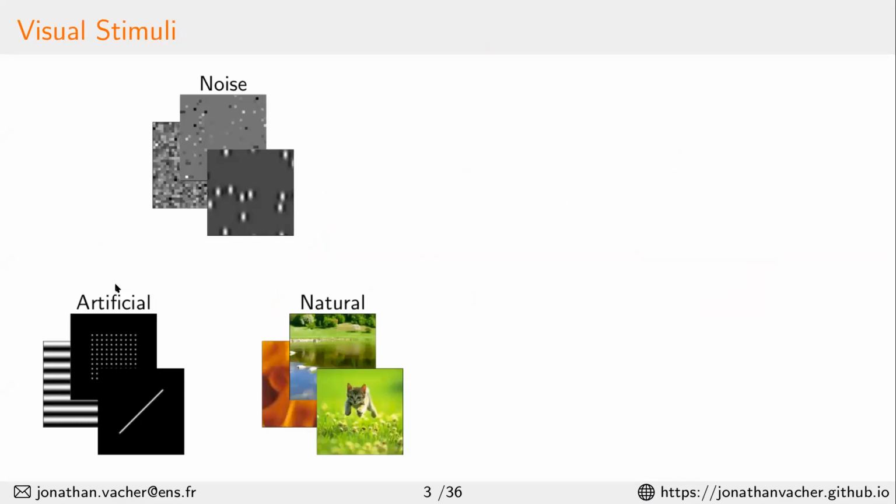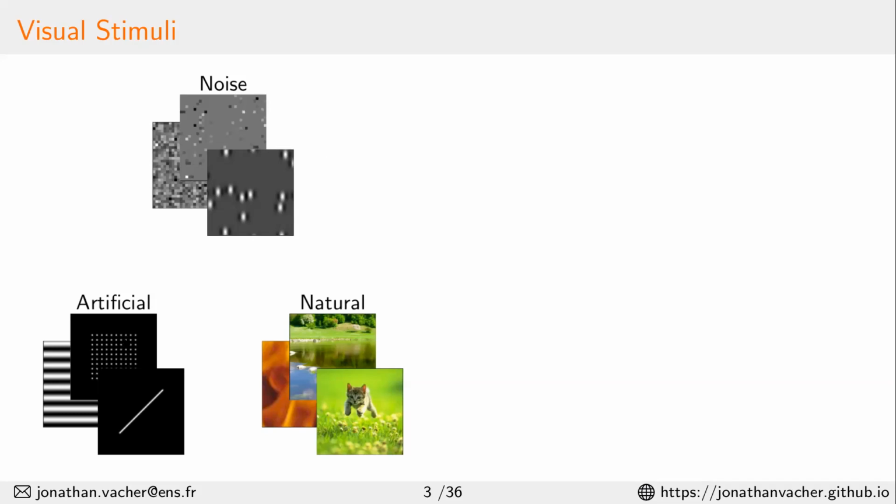Visual stimuli used in neuroscience and vision studies started in the industry by using artificial stimuli, like dots, gratings, or simply bars, and then we moved also toward using noise, and more recently, in the last 20-30 years, people started to use natural stimuli.